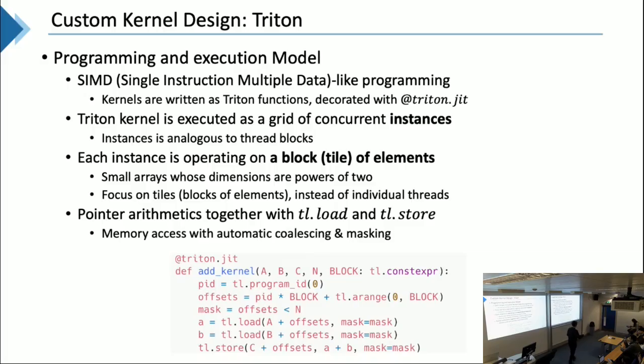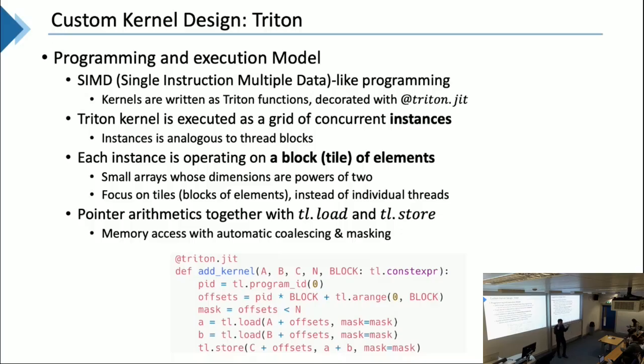So what you are doing, for example, in here, you will get this PID. The PID is essentially this instance ID, which corresponds to the thread index we use in our CUDA program. And for each instance, they are trying to manipulate a block or a tile of elements.